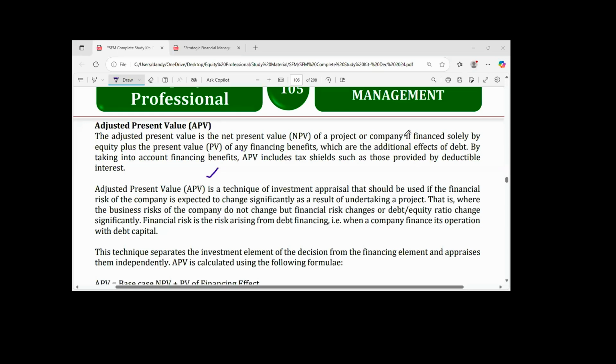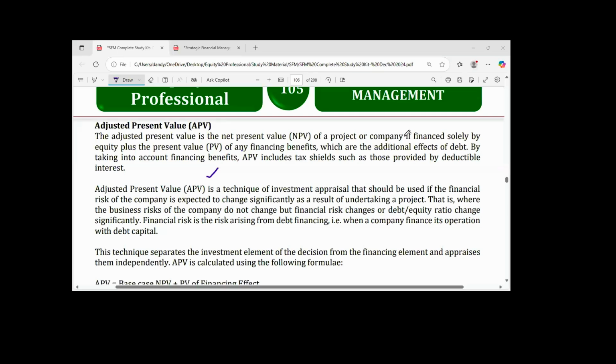Which means that if in a question you are given issue cost, or you can see subsidized loan, you need nobody to tell you that you are supposed to calculate adjusted present value, because NPV does not concern itself with issue cost or subsidized loan. It is only APV that makes use of issue cost. So that is the only thing that will make you know that the question relates to APV.